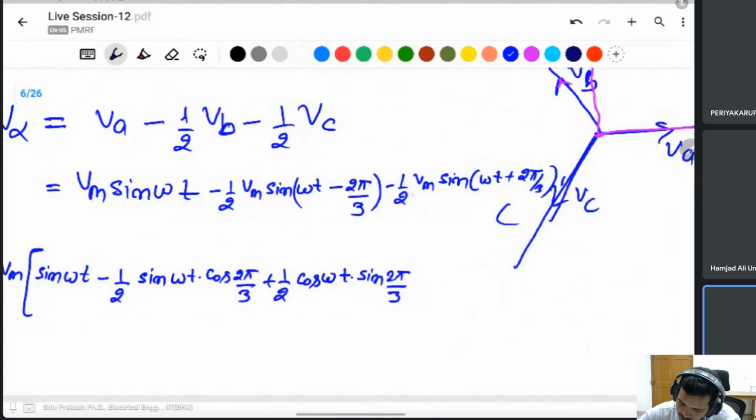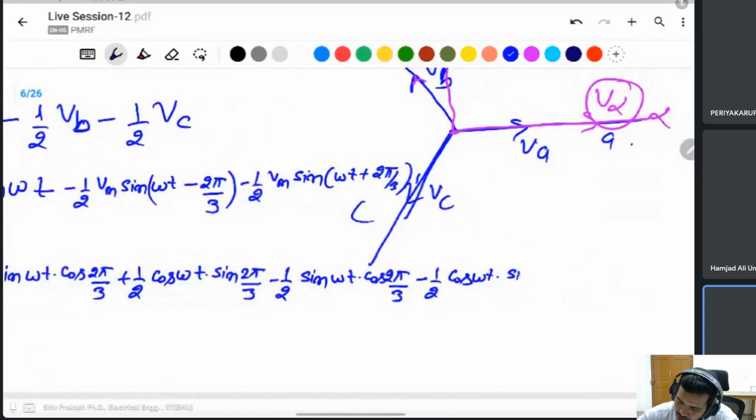Then the other is half of sin A plus B, that is sin A cos B plus cos A sin B. With the negatives, we get sin omega t into cos 2 pi by 3 minus half sin omega t, cos omega t into sin 2 pi by 3.